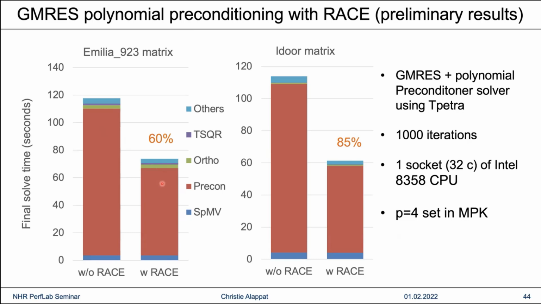So if we substitute it with a RACE optimized kernel, we could improve the speed by 60% for the Emilia matrix. And for the Eldor matrix, we get almost up to 85% speedup. So these are the current results that I have with the Trilinos framework.